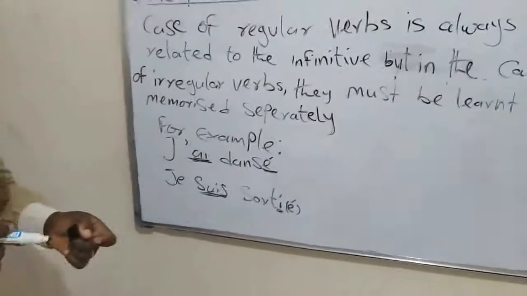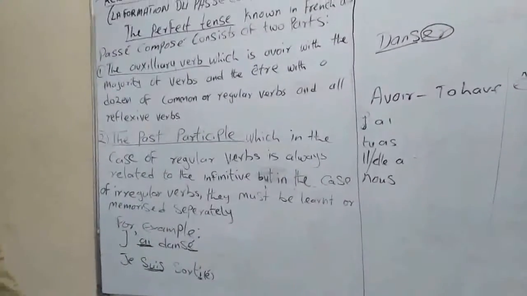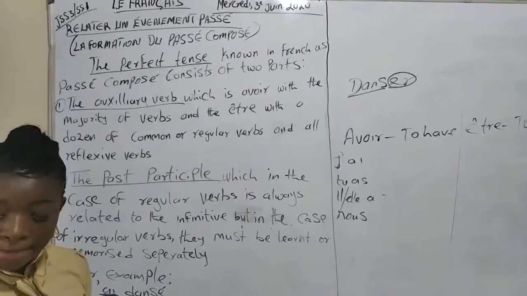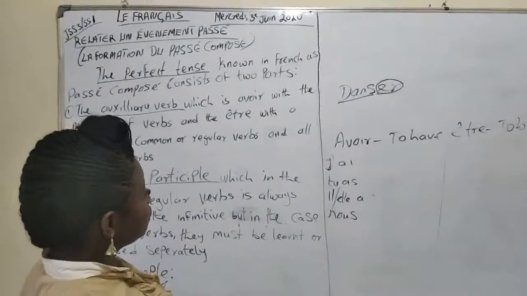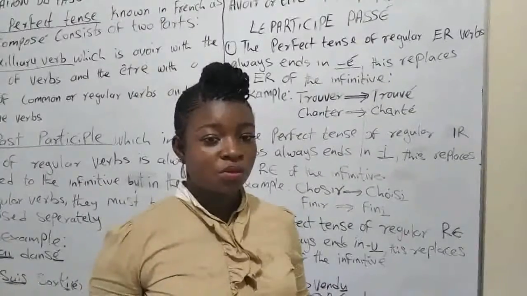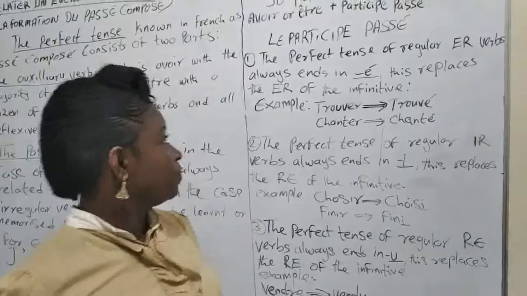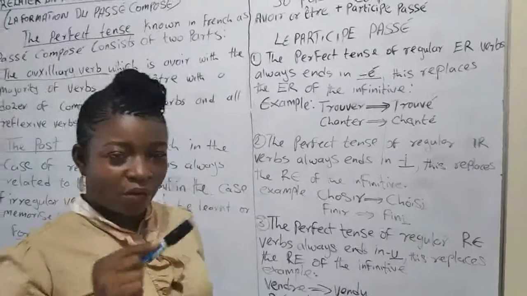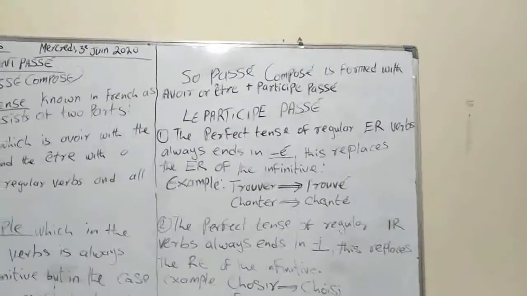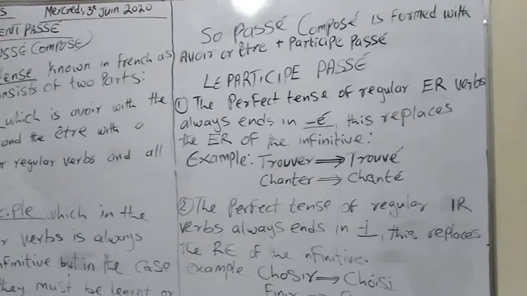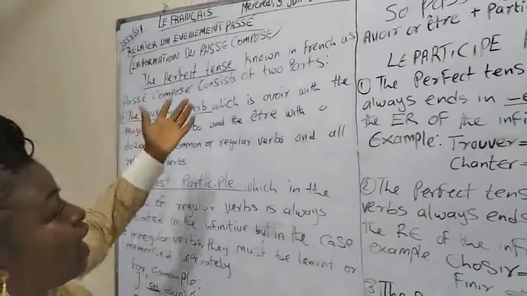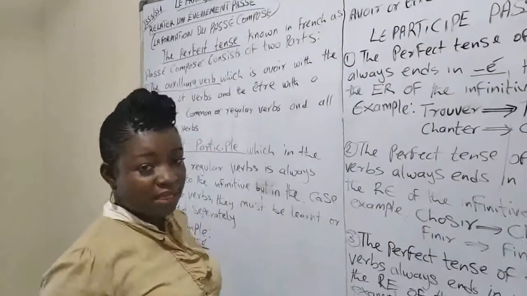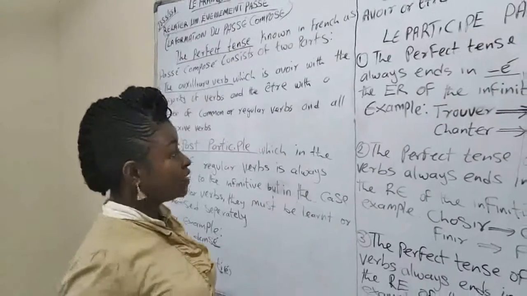So having looked at this, we now say that passé composé is formed with être or avoir plus past participle. Alright, let's look at that on the board. So having looked at all this, I say passé composé is formed with avoir or être plus participe passé. So far we have looked at avoir or être, and I said it is always conjugated in the present tense.